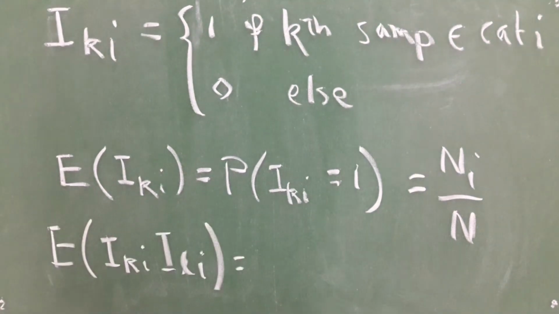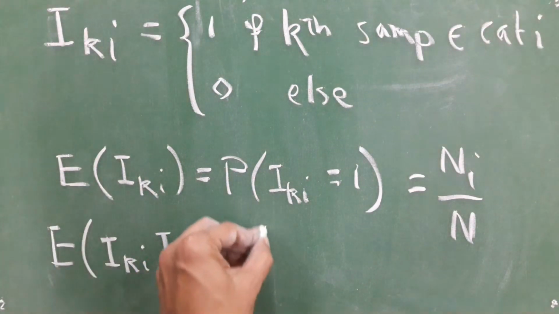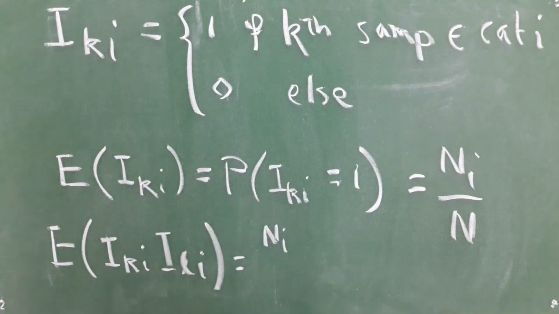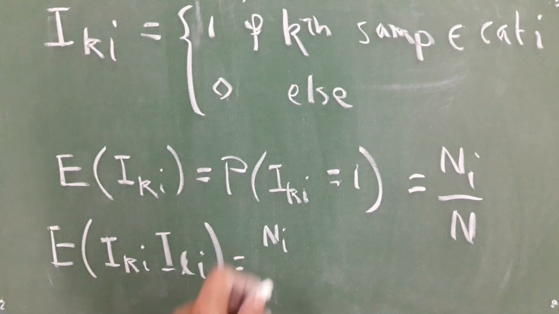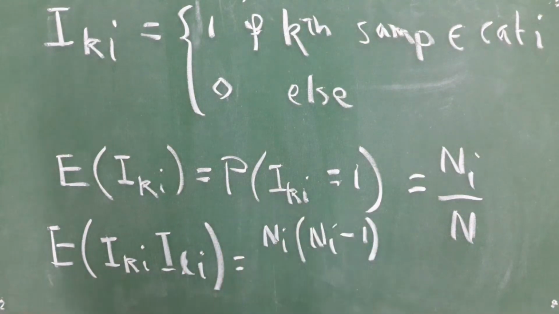Similarly, Iki times Ili, when will this be equal to 1? When the kth sample as well as the lth sample comes from category i. So when you pick the kth sample, you can do that in Ni ways, because you have to pick it from the category i. When you are picking the lth sample, 1 is already gone because it is sampling without replacement.